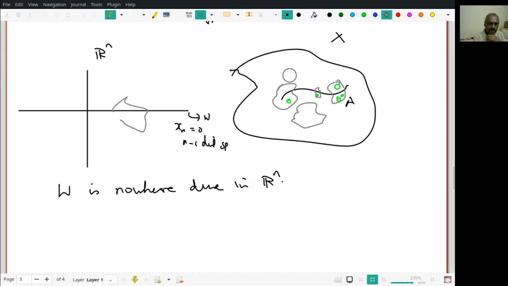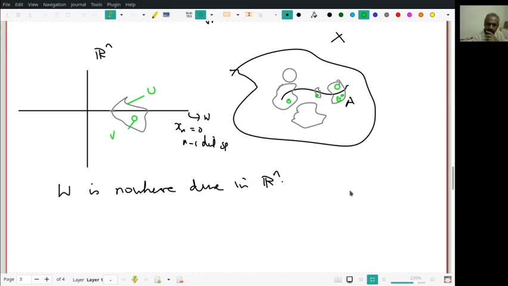I can always find a non-empty open set V contained in U so that V does not meet W. It is intuitively clear.